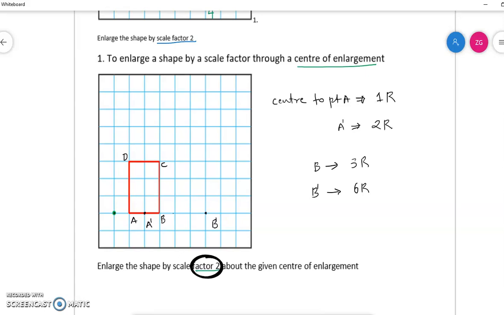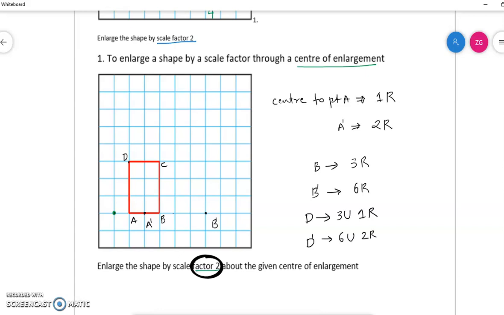Let's locate point D. From the center, point D is 3 up and 1 right. Since the scale factor is 2, you multiply it by 2. So 3 up will become 6 up, and 1 right will become 2 right.